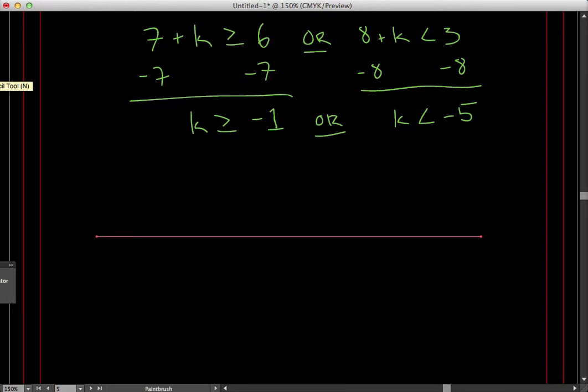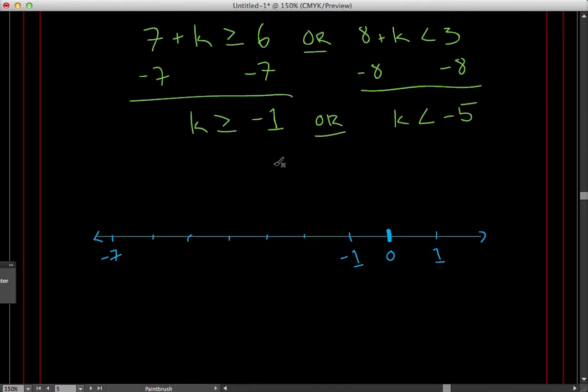I am going to make some tick marks, and we can make the 0 here. And these go on for infinity in both directions. And we have 1, and then we can go into the negatives, -1, 2, 3, 4, 5, 6, 7. So all the way down to -7 and -1.